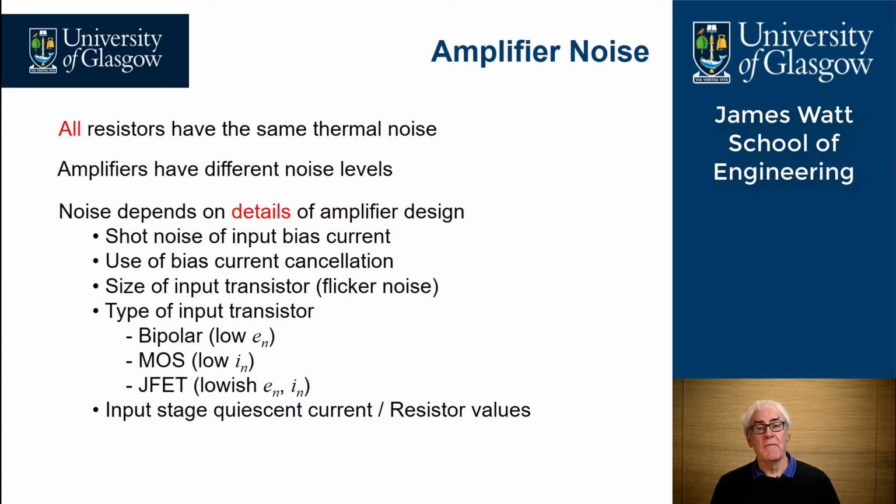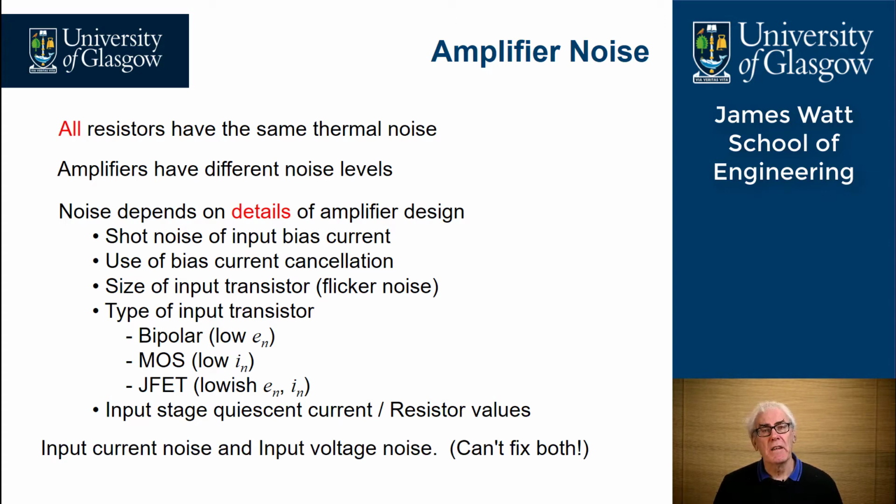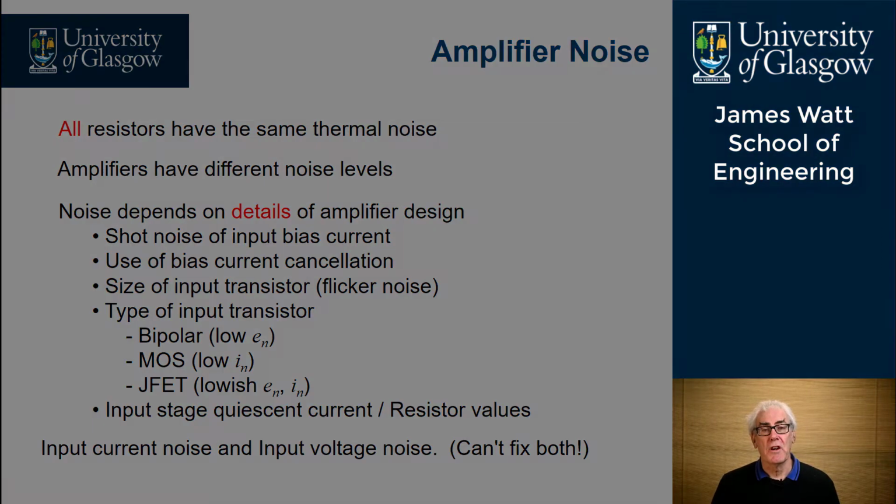And junction FETs have a low-ish noise voltage and a medium noise current. So the input stage of an amplifier is critical to the noise performance of the amplifier. In any amplifier design, you can design for low noise current or you can design for low noise voltage, but you can never fix both because they are interdependent.